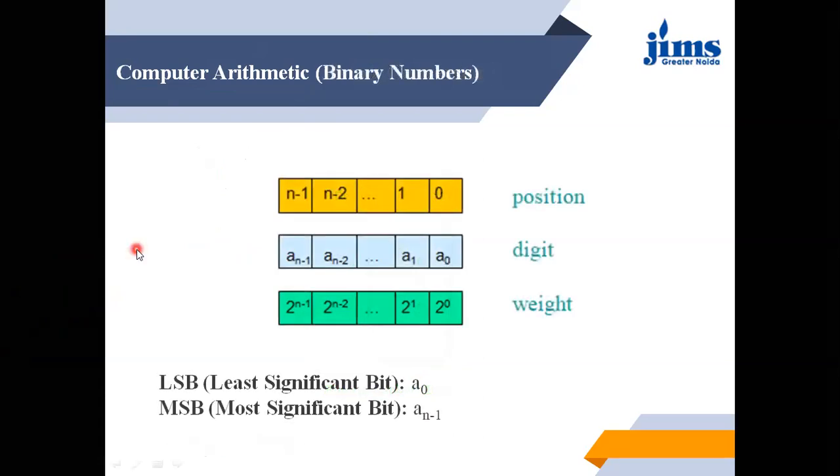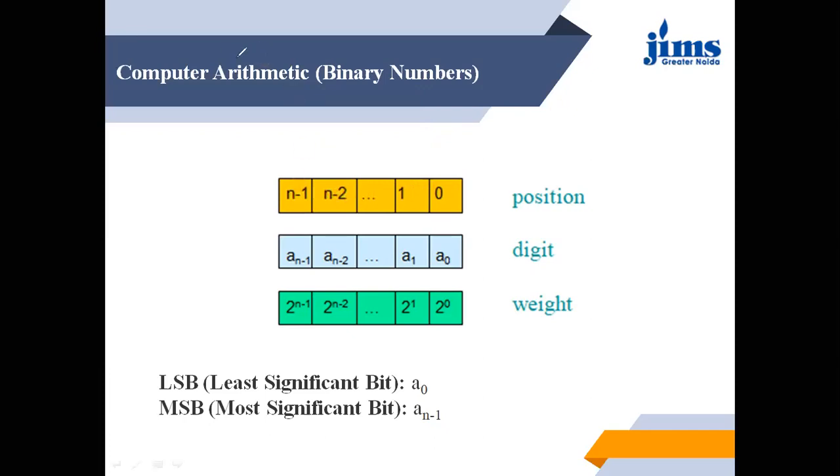Now, when we have to study a binary number, it starts from position 0, 1, 2, 3 till n minus 2 and n minus 1.